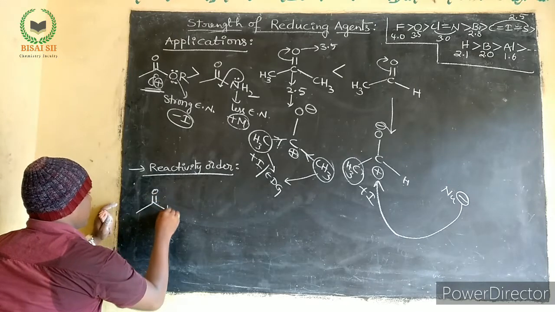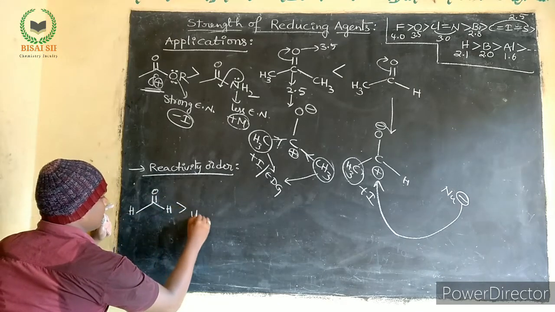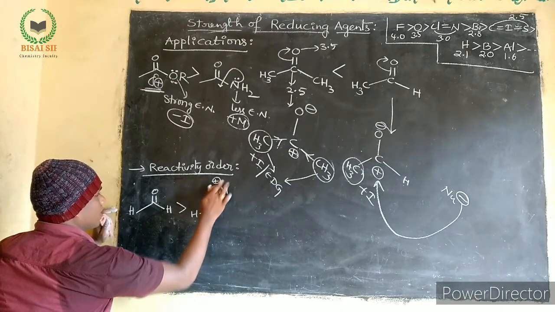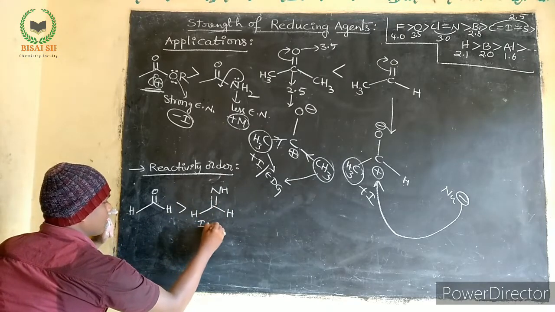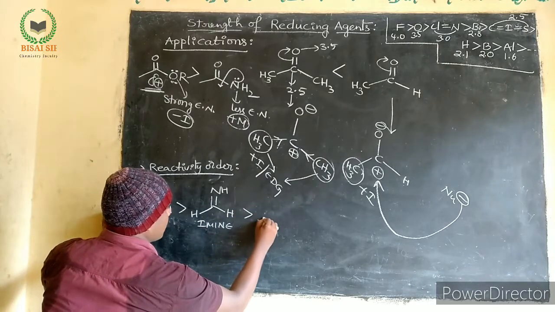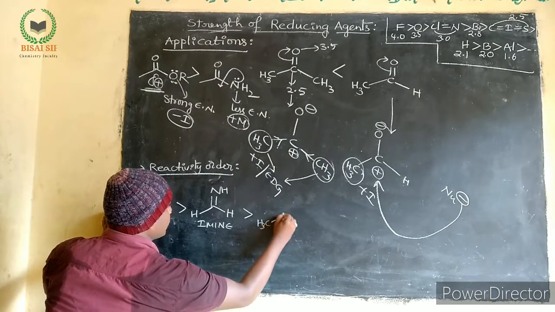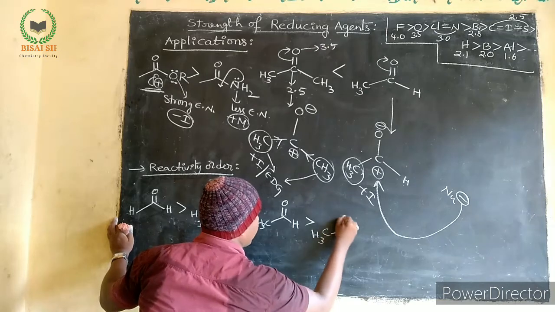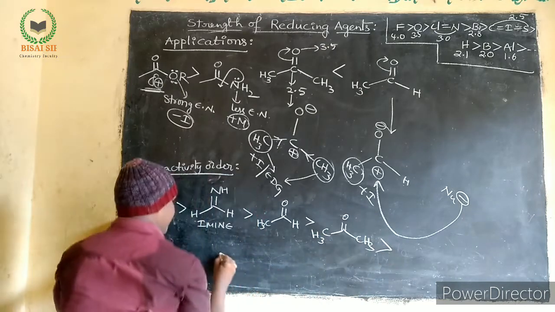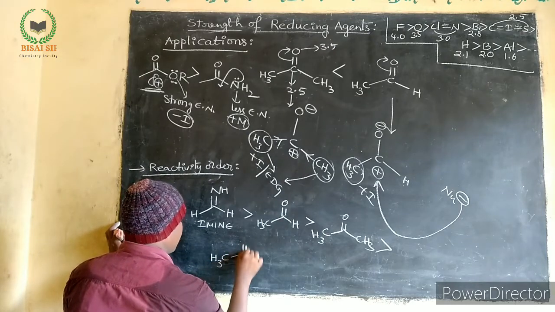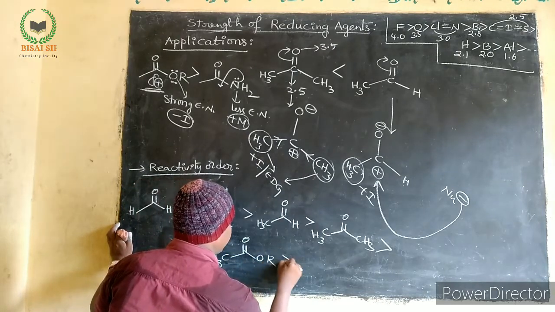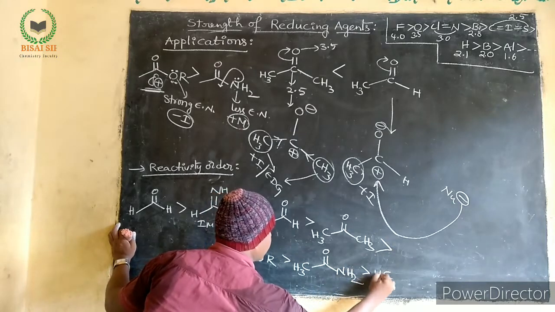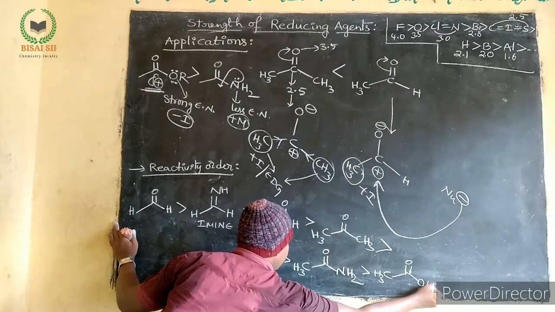First, formaldehyde is the most reactive, then imine, then CH3 aldehyde, then CH3 ketone, then CH3 COOR, then CH3 CONH2, then CH3 COOH, finally carboxylic acids.